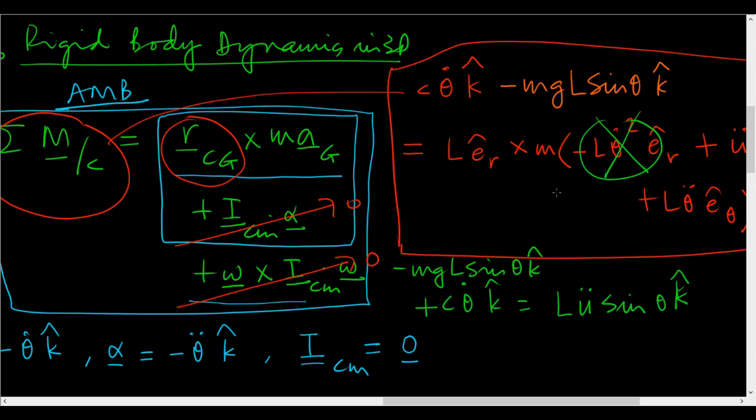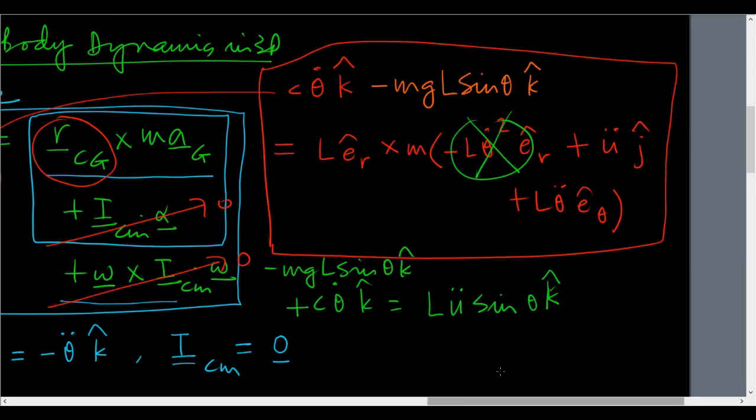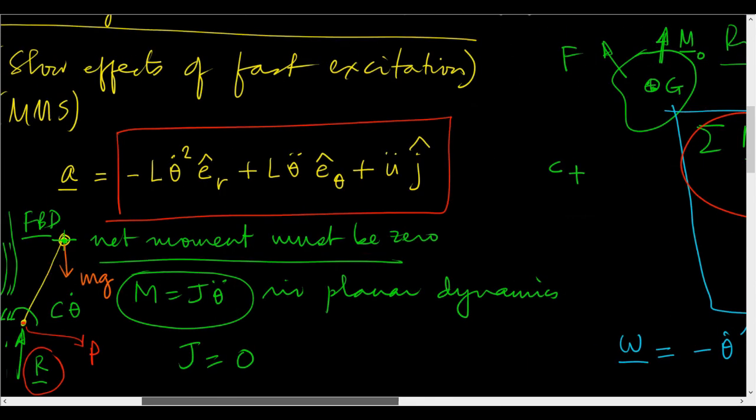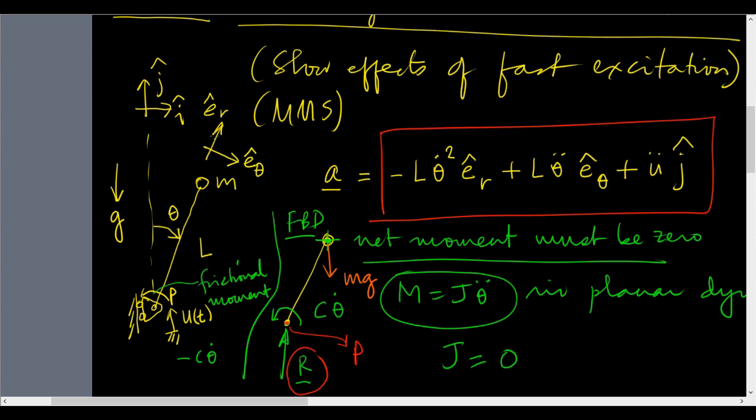equal to, and now I am evaluating the cross product between this one and this one, that is L u double dot sine theta e_r cross j, which we have determined is k, and then we have to do the other one. So let's go back and do the other one, e_r cross e_theta. And that's easy. e_r cross e_theta is minus k.